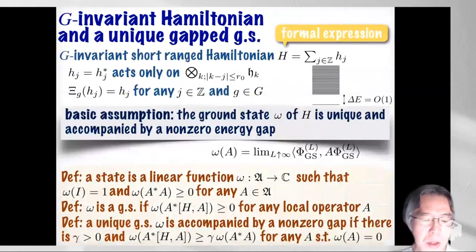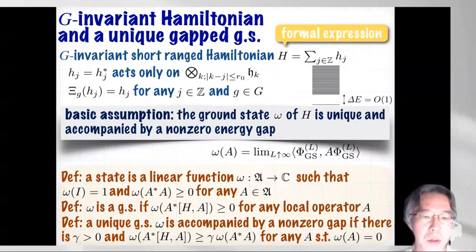Okay, so we consider a G-invariant short-ranged Hamiltonian, which describes our spin system. And this is a formal definition. This is an infinite sum, so it doesn't make sense. But the essential fundamental object is Hj, the local Hamiltonian.